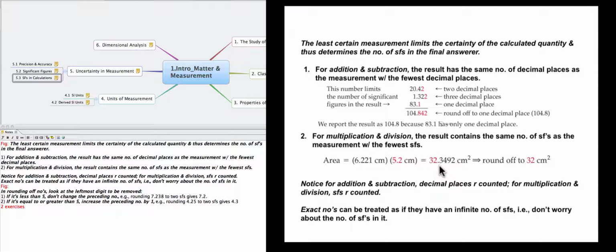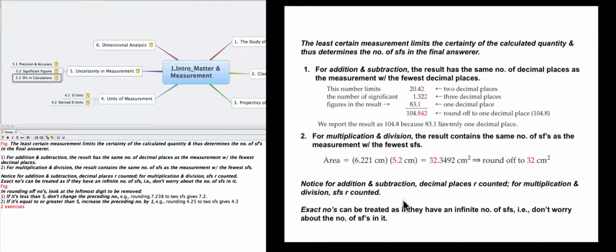The product of these two numbers is 32.3492 square centimeter. Then you see which measurement has the fewest significant figures. This measurement has 4 significant figures, and this measurement has 2 significant figures. So your result should also have 2 significant figures, and you round off your result to 32 square centimeter.